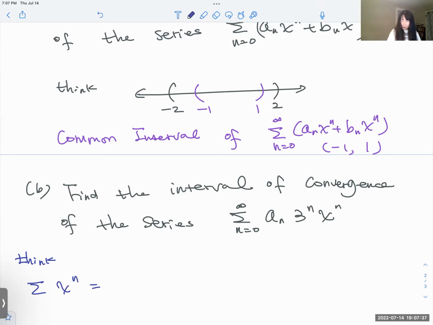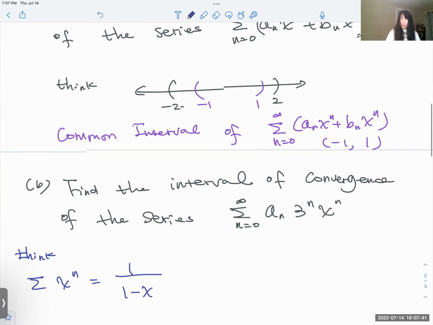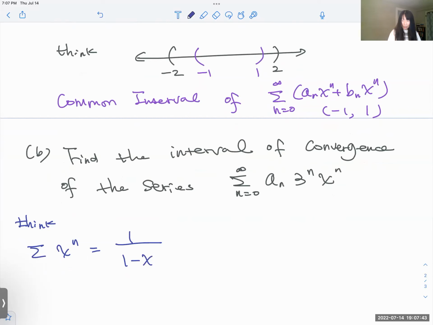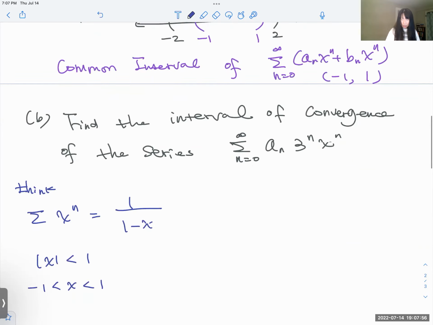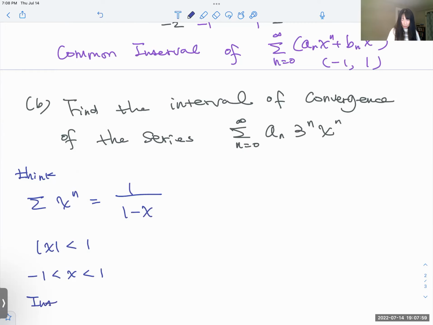So this will be 1 over 1 minus x, right? Then we know that the absolute value of x is less than 1. So it converges between -1 and 1, yeah. So that is the interval of convergence. Okay, all right.